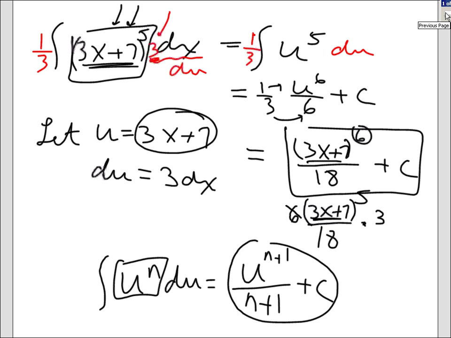So 6 times 3 on the top is 18, and that cancels the 18 on the bottom. We're left with (3x plus 7) to the 5th, exactly what was in the box on the top left. So it checked.